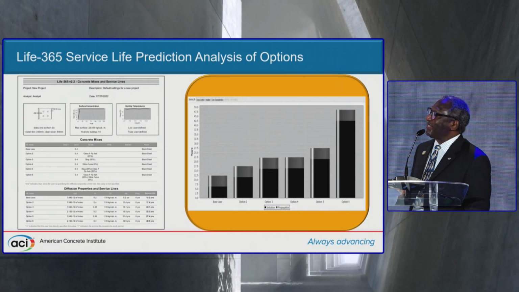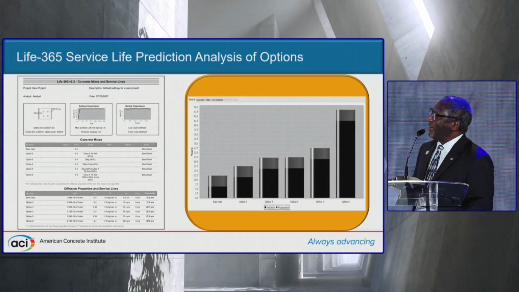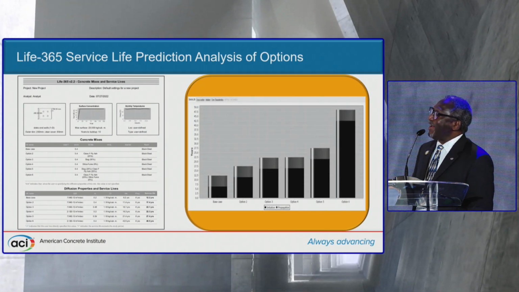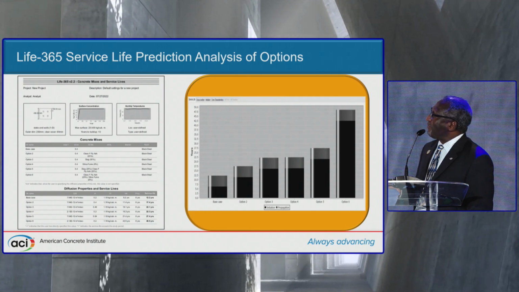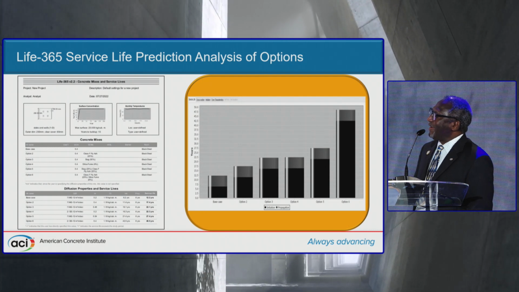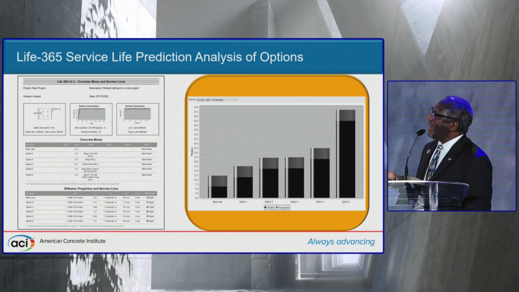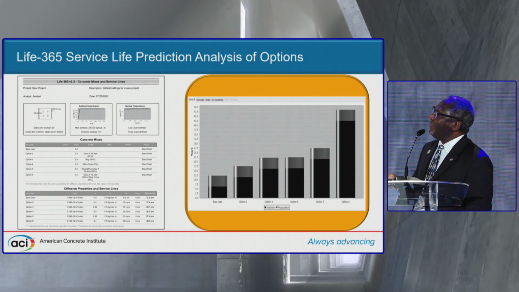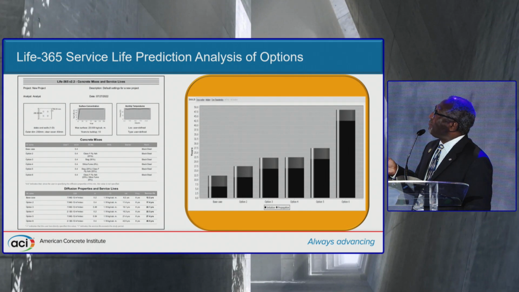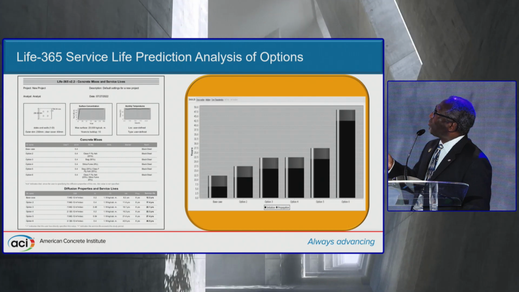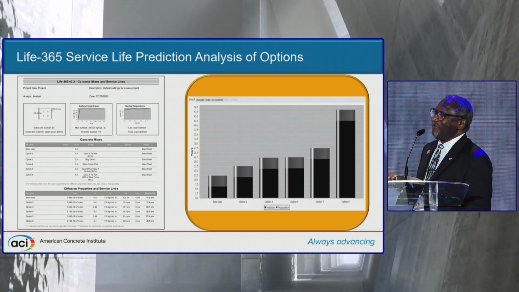But using Life-365, you can look at different options. Right now, it allows you to go up to 6 different options, and you can compare them to your base case to see what impact they have in terms of time to initiation, as well as, on the top over here, time to repair.